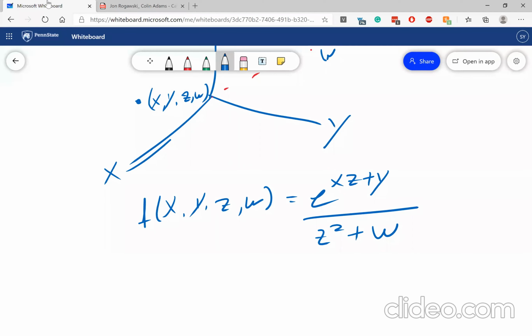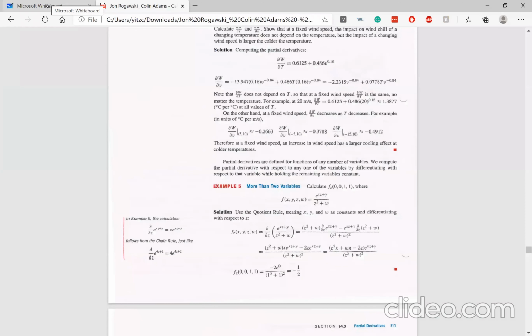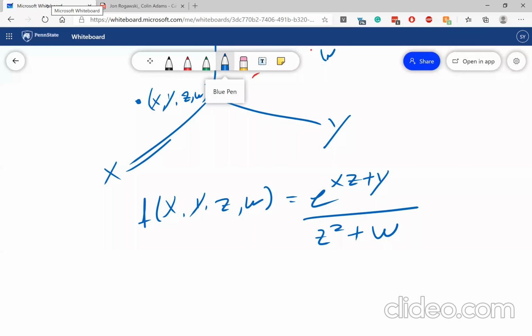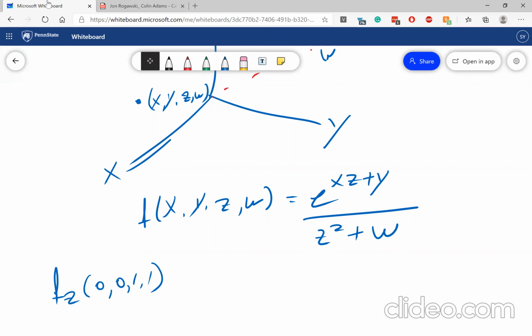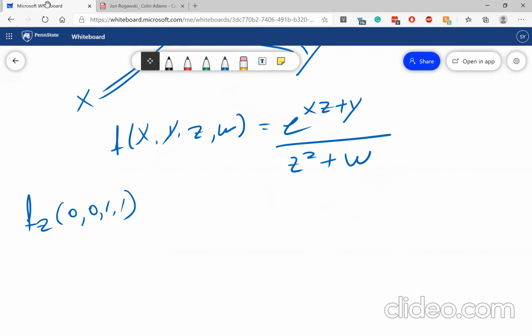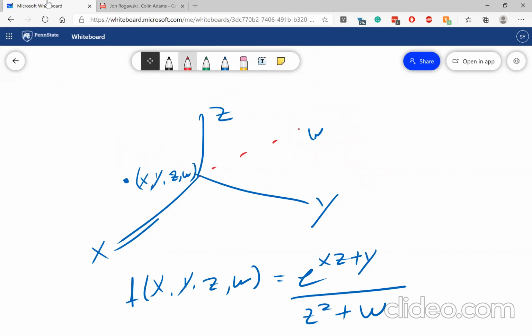And they want us to find f_z at (0, 0, 1, 1). They want us to find the partial of f with respect to z at (0, 0, 1, 1). Okay. So once again, this involves the quotient rule. And what this would mean over here is you're trying to take a small step in the z direction somewhere, keeping everything else constant, and seeing how the output, your f, changes.